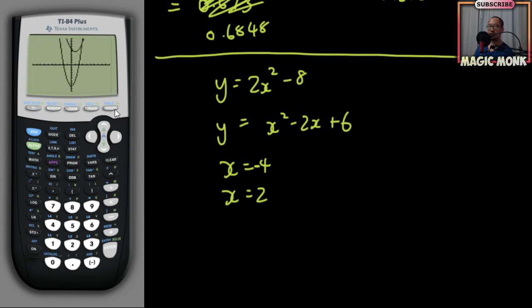Let's just zoom right out. So x is 2 and x is negative 4. Oh, sorry, you can't do that on this. So let's just delete that.